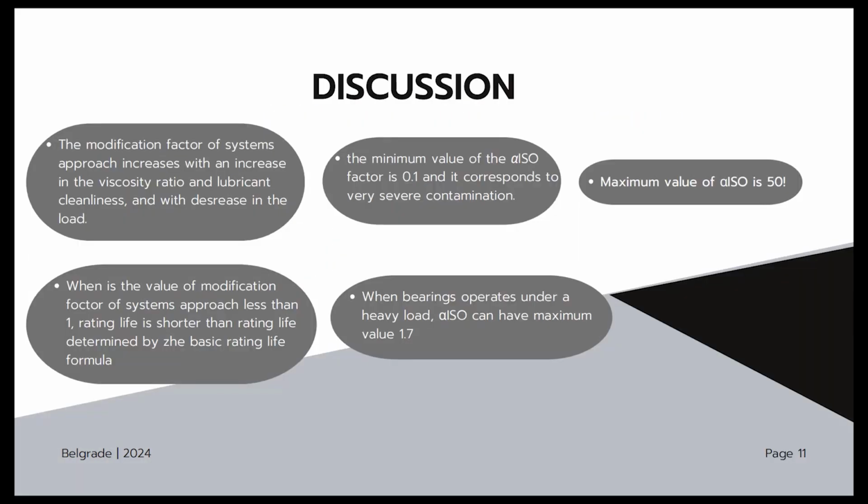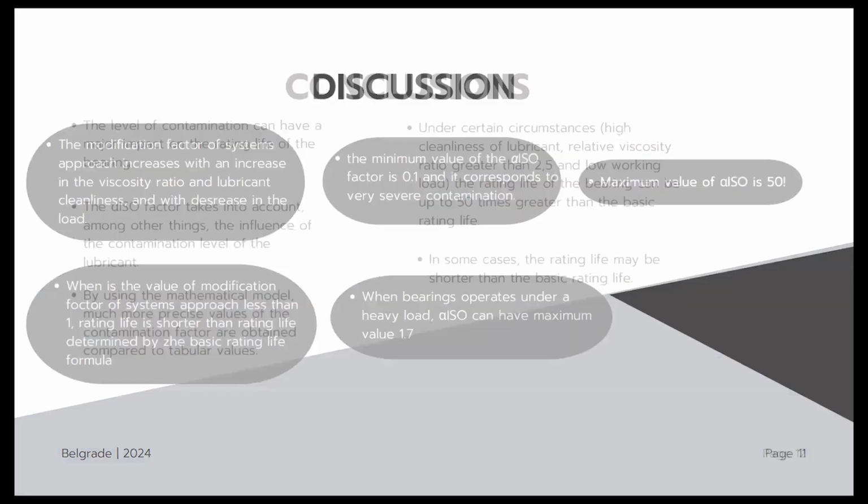The maximum value of factor a ISO is 50, which means that for very clean lubricant and for other conditions, the exact rating life of the bearing can be 50 times bigger than the basic rating life. And when the value of the modification factor is less than 1, the rating life is shorter, or determined by the basic rating life formula.